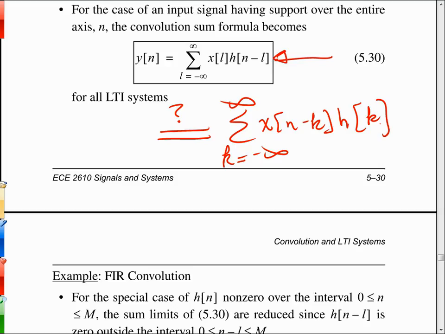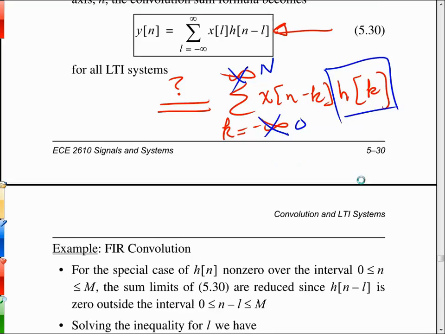And of course, when we worked this before, we didn't have this go from minus infinity to plus infinity, and the reason for that is that the impulse response was an FIR impulse response, which started at 0 and went up to n. So we just truncate it because the h of k there is finite, so the sum limits are constrained by h of k, the impulse response, not having support over the entire axis, but still the same idea.